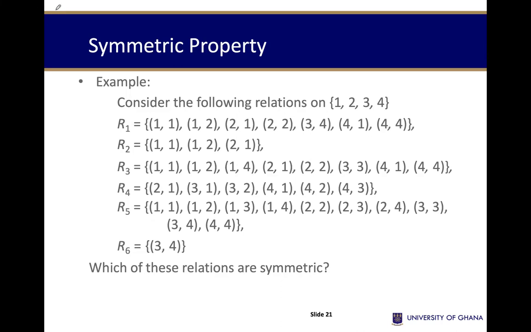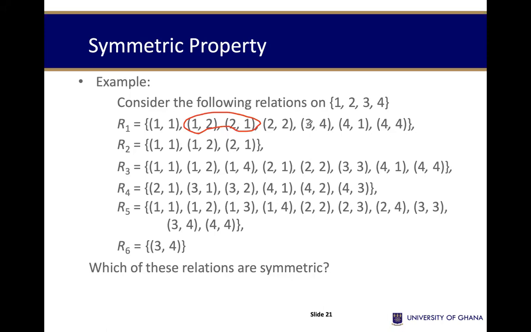Okay, so can we look at it together? So let's see. For it to be symmetric, if I come across 1 is related to 2, I should see 2 is related to 1. That's the meaning. So once I have 1 is related to 2, I should also see 2 is related to 1. So these guys are okay.